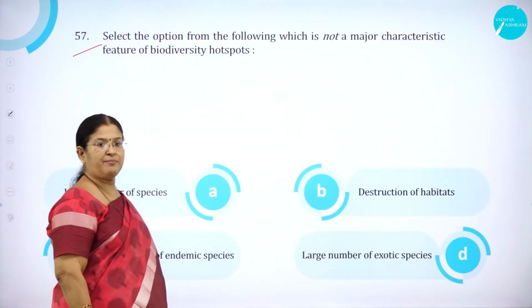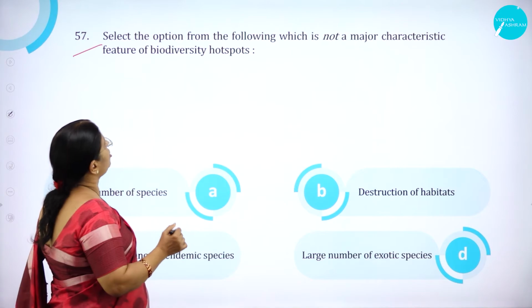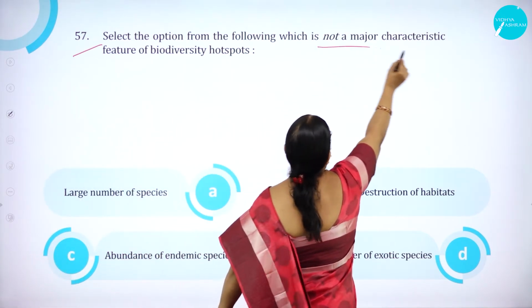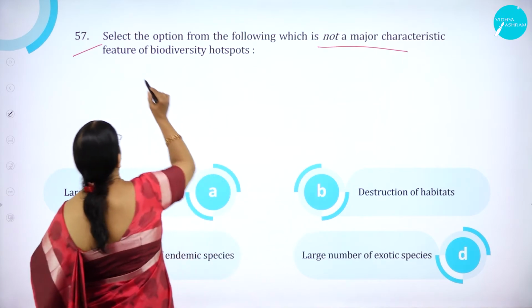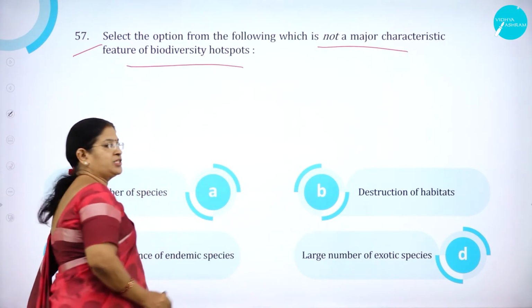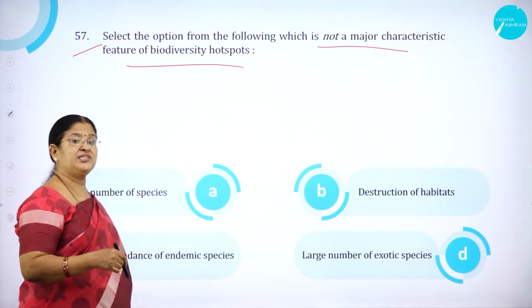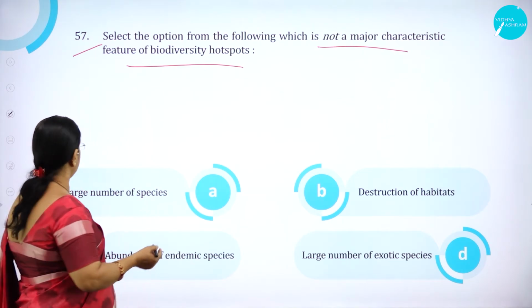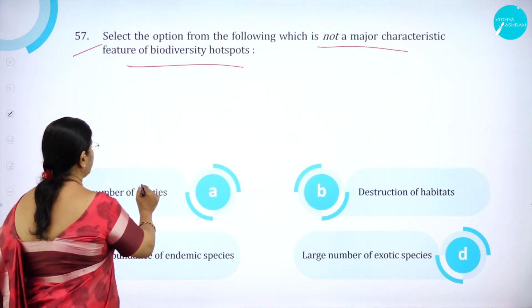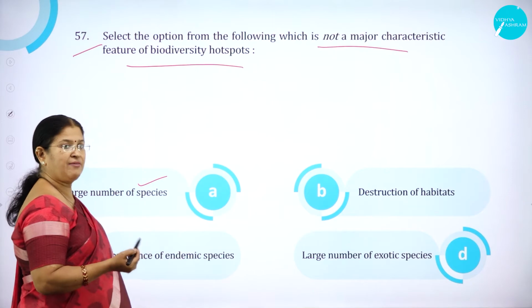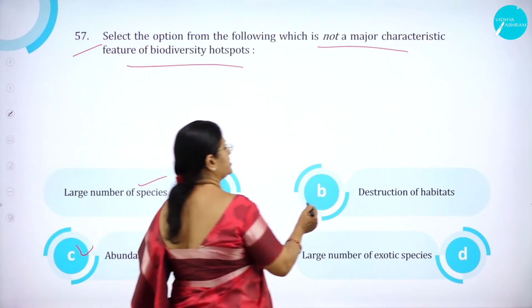Moving on to question number 57. Select the option from the following which is not a major characteristic of biodiversity hotspots. So biodiversity hotspots are always with species richness, right? So option A, large number of species, correct. Usually a biodiversity hotspot will have a large number of species.